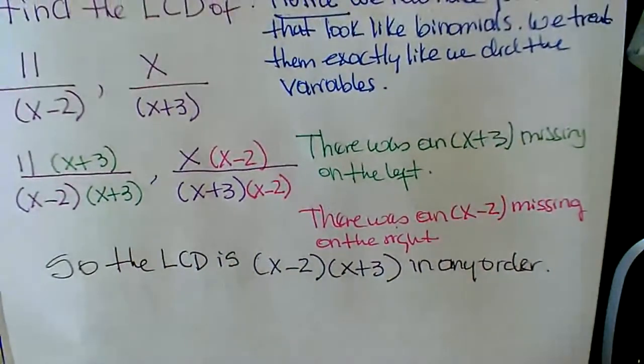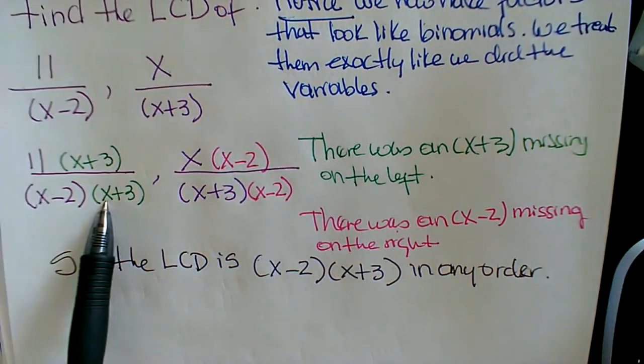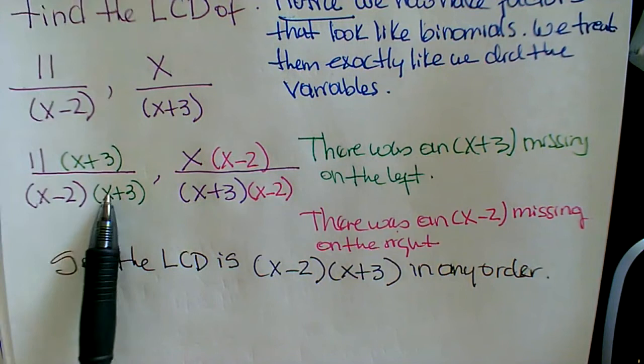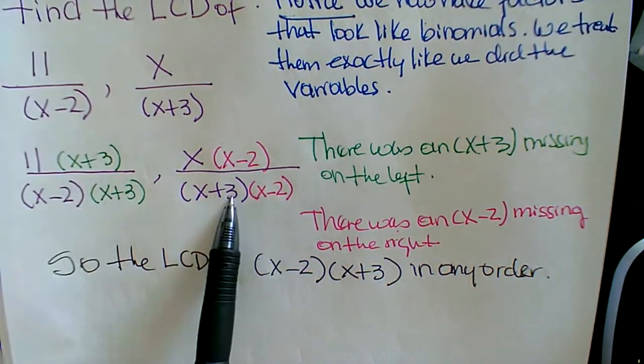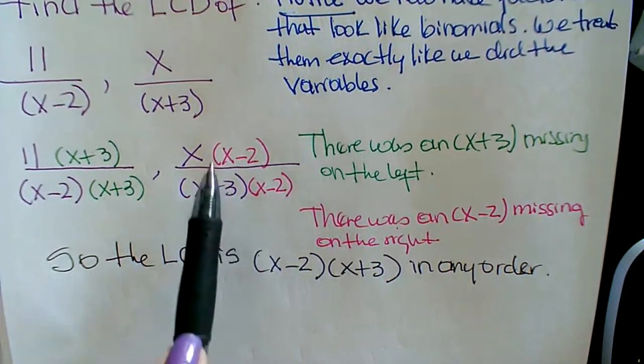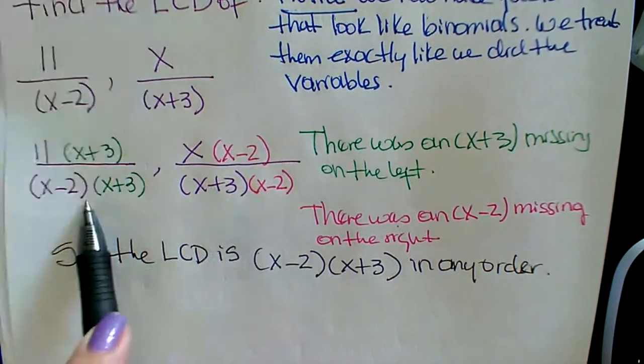That's our lowest common denominator. Again, I noticed the x plus 3 was missing, so I added it here and here. Whatever I do on the bottom, I have to do on the top. Right here, the same thing. Whatever was missing here, I added. What was missing here? x minus 3.